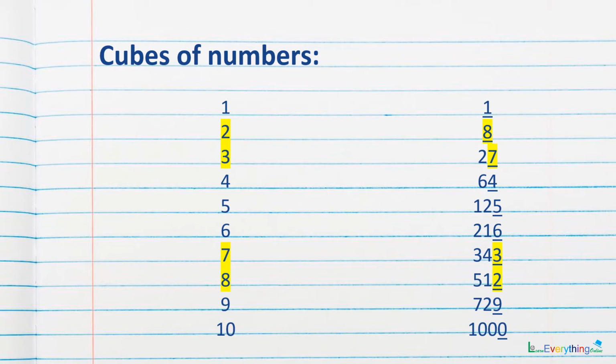Now if we see here carefully, for the numbers 1, 4, 5, 6, 9, 10, the last digit of the cube is the same as the number itself. But for the numbers which I have highlighted, 2, 3, 7, 8, the digits are different, that is 2 and 8, 3 and 7, and similarly 7 and 3 and 8 and 2.